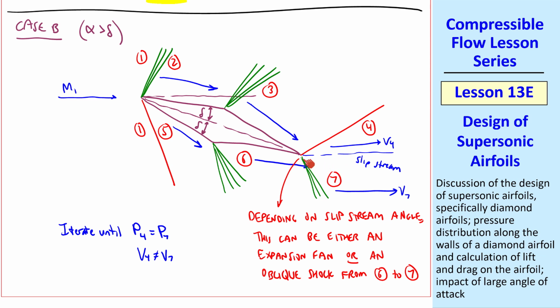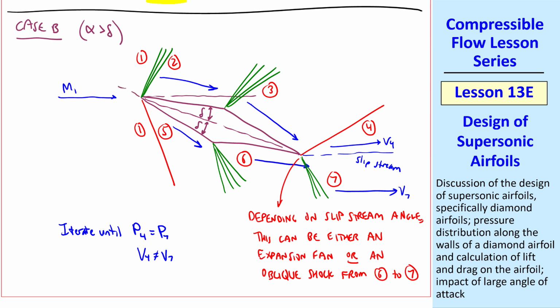What I suggest is assume, for example, that there's an expansion fan, work through the math, but you may not be able to find a slipstream angle such that P4 can equal P7. If that's the case, try an oblique shock instead of an expansion fan, and then iterate the angle here. And you'll find that one of those will give you P4 equal P7, and that would be the correct value.